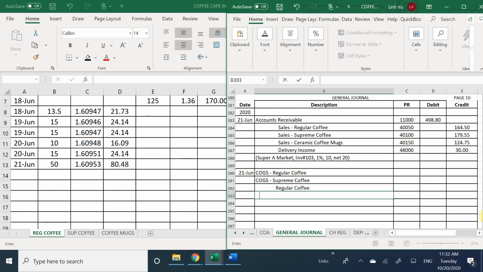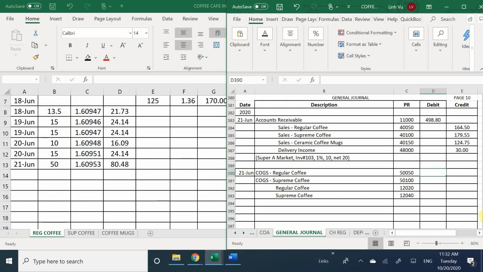Taking out of regular coffee and Supreme coffee inventory. The cost of goods sold for this should be $550, this one is $5,100. For what amount am I taking away?